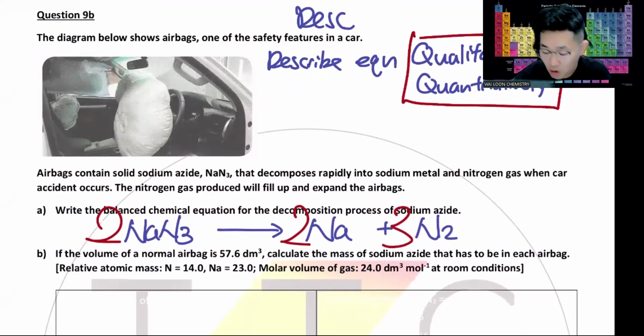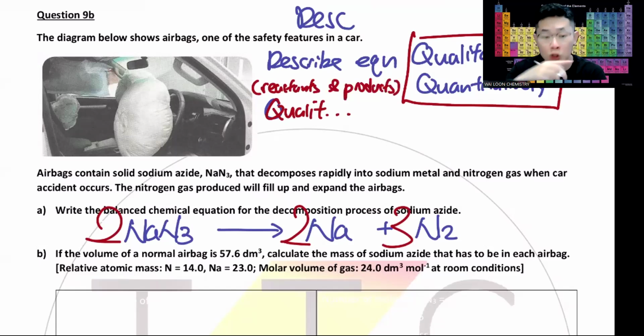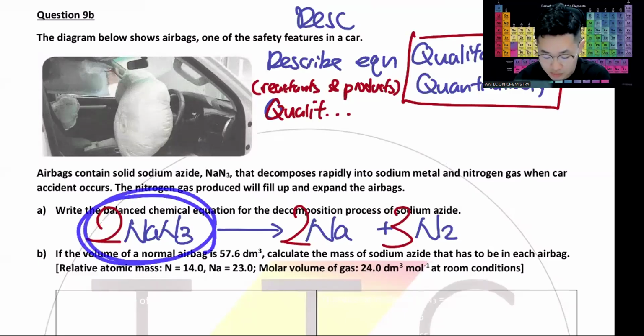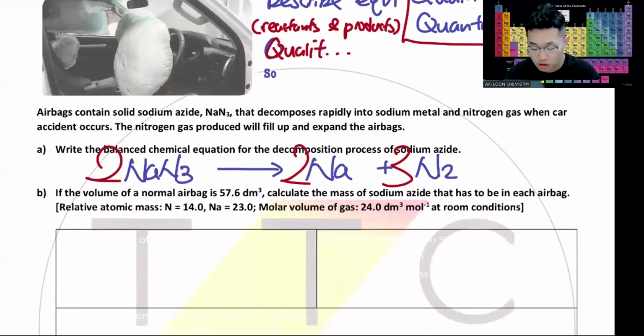Then only you will be able to do this. For qualitative, I always do the qualitative first. For qualitative information, you actually have to tell them what are the reactants and products in the reaction. So what are the substances used in the experiment? They told you in the question, right? So the answer is like this. The solid sodium azide is the reactant.